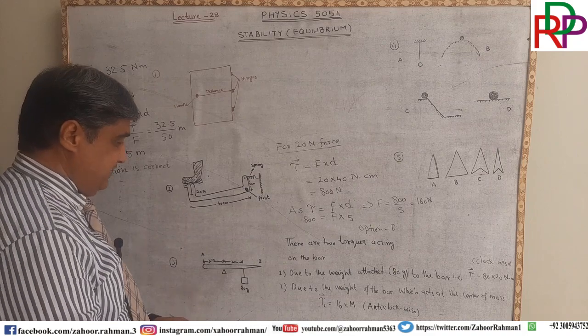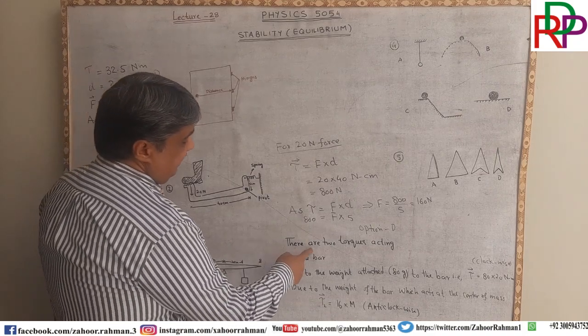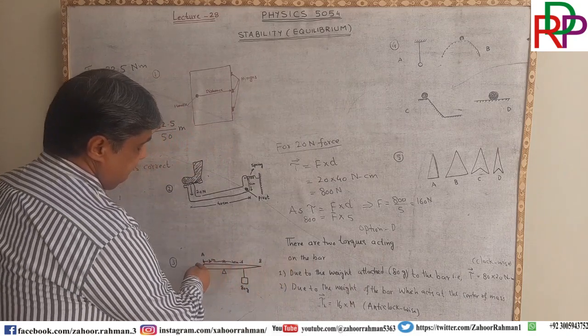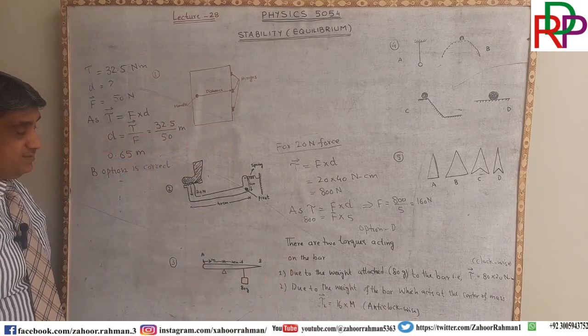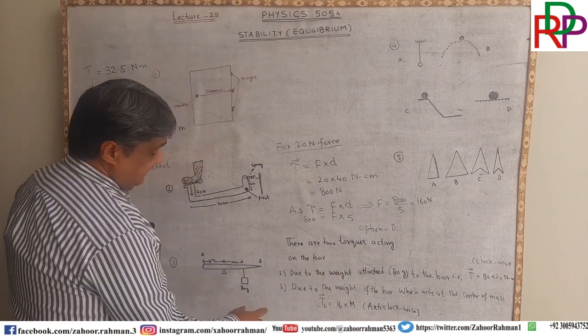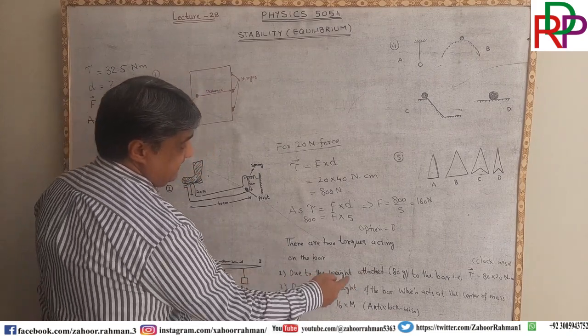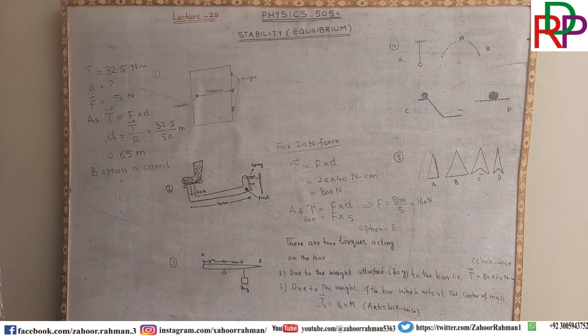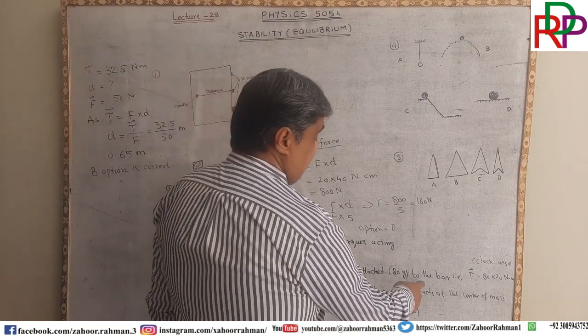Ladies and gentlemen, there are two torques acting on this bar. One is due to the weight attached, this one, which is 80 gram. This is also producing a torque to the bar.